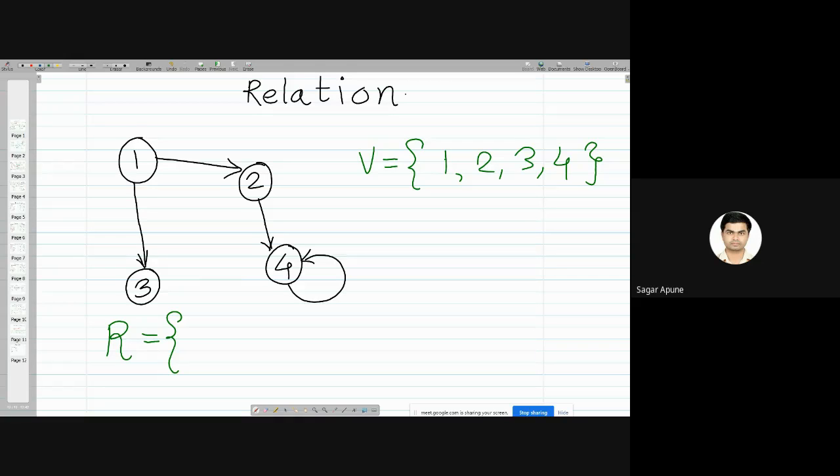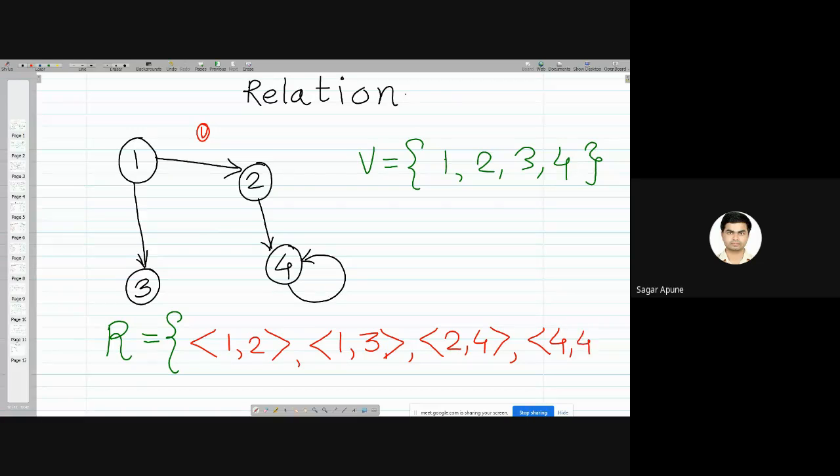Relation we can specify using angle brackets. First angle bracket, 1 to 2 edge is there. This is my relation 1. So 1 comma 2, angle bracket complete. Next is 1 to 3, second relation, comma. 2 to 4 edge is there, third relation. And 4 to 4 means 4 has self loop, so 4 comma 4 is my last relation, and the relation is complete. So this is called relation.